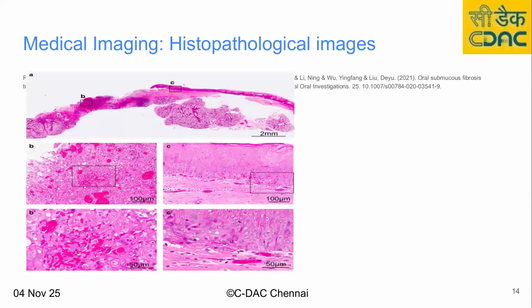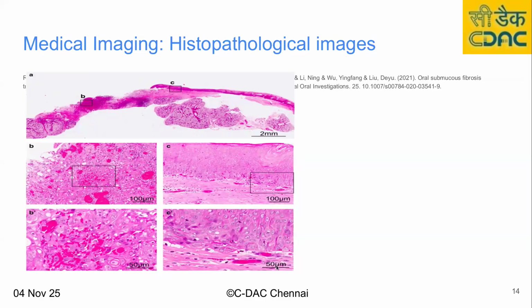Coming to histopathological images, which are again microscopic images, the challenge is we put a cell inside a slide and put it under the microscope. If you have done your biology lab, you might have been turning the knob of the microscope to zoom in and zoom out. What you see at a 2 millimeter zoom is not the same as what you see at a 100 micrometer or 50 micrometer zoom.